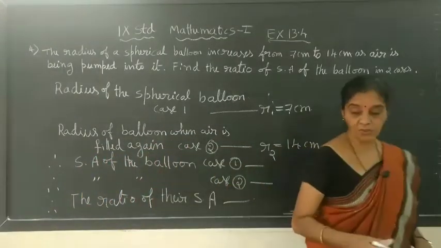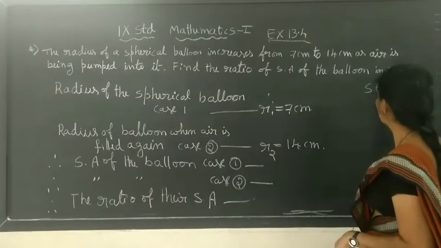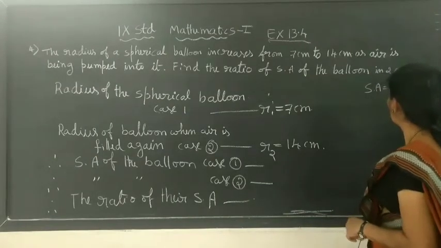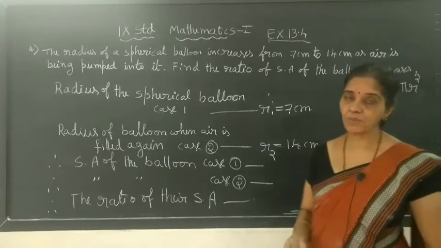Okay. Now surface area, what is the formula? It is 4 pi r square, if r is the radius of the sphere.